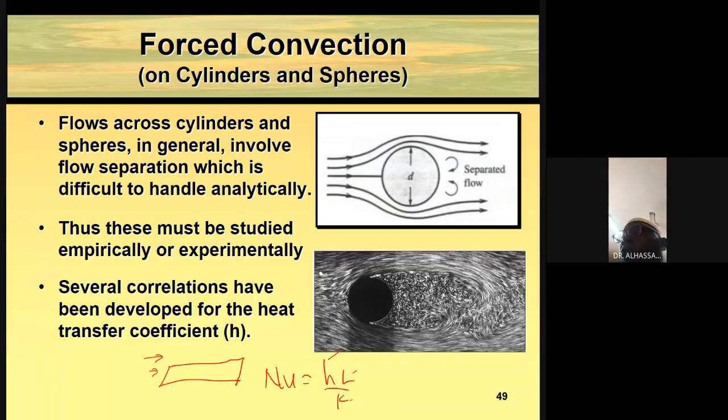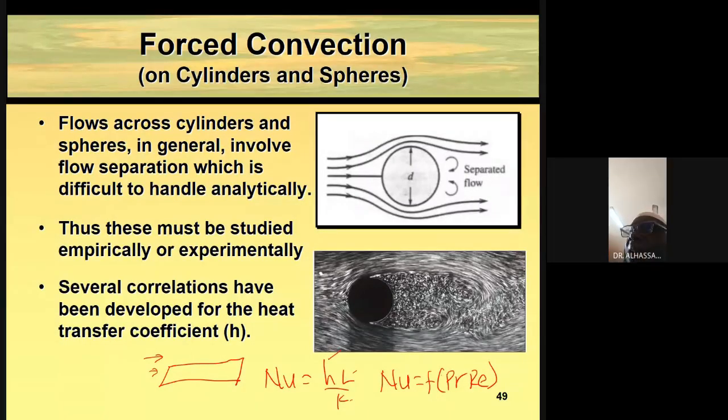And based on the nature of the flow, whether the flow is laminar or turbulent across the flat plate, the appropriate Nusselt number equation is always a function of Prandtl number and Reynolds number. The same situation applies for a cylinder.